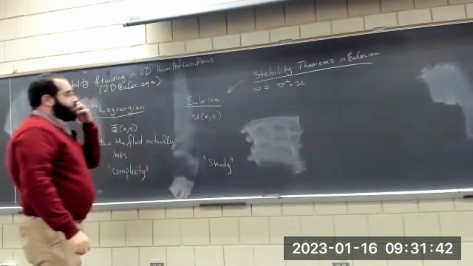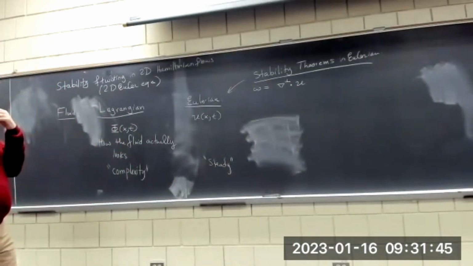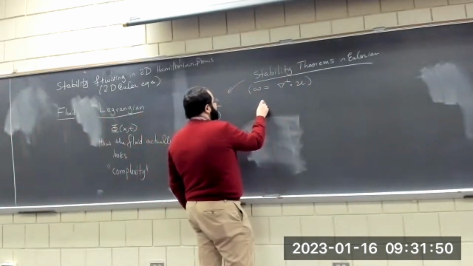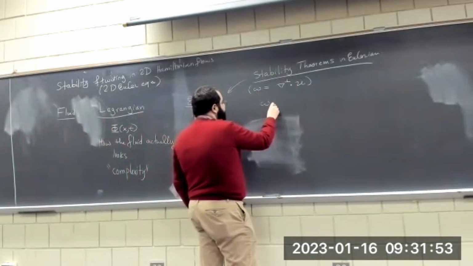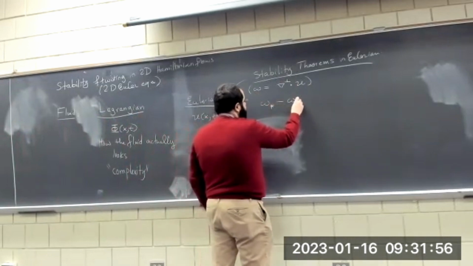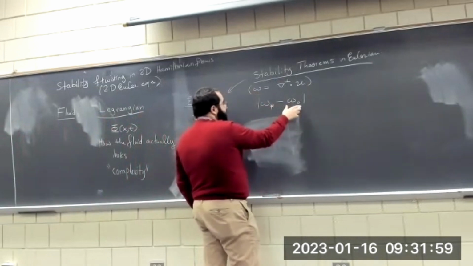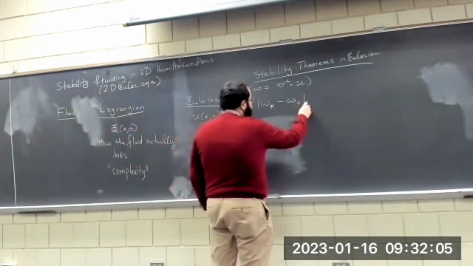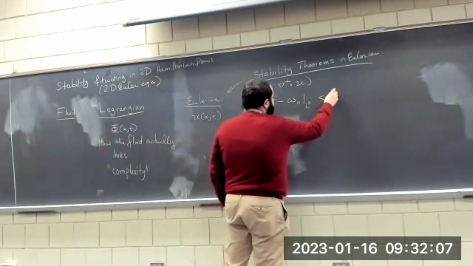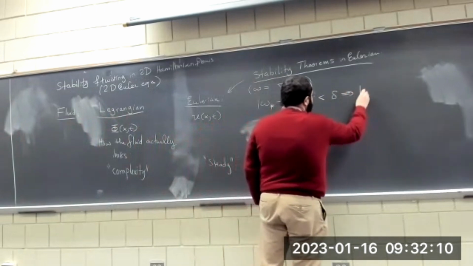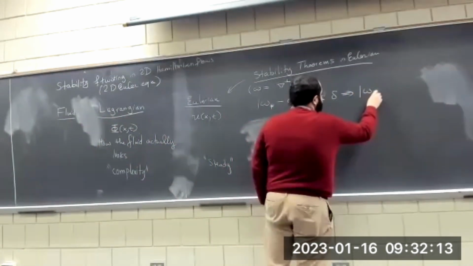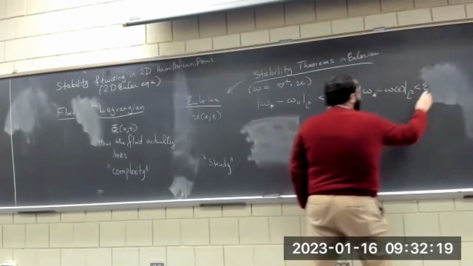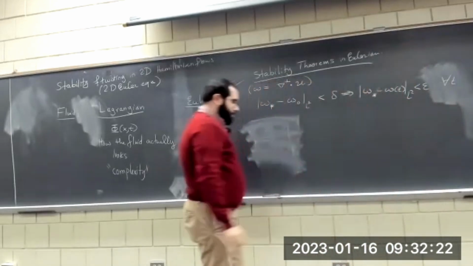We're only concerned with 2D flows here. So the general stability theorems will be of the form: if you have a steady state omega star, and you consider an initial perturbation that is small, then it will remain small for all time.